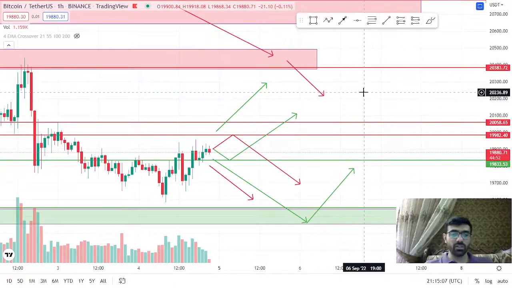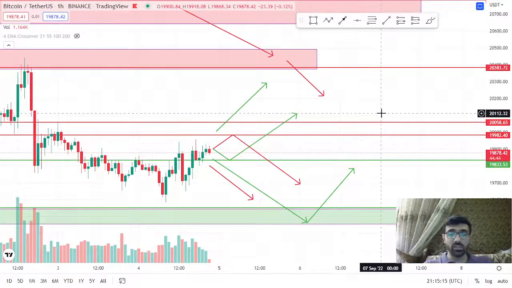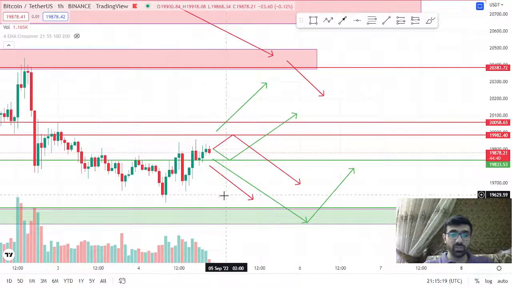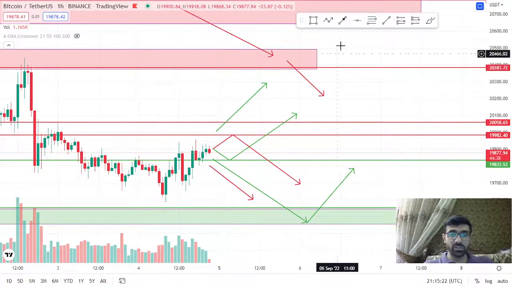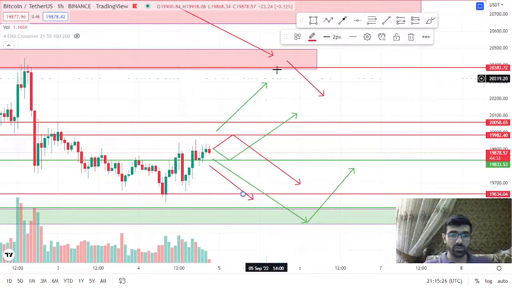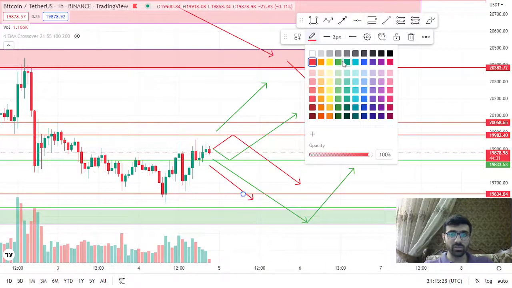Personally, I feel that market is gonna go down in Bitcoin, and I am going to look for selling opportunities. Another selling opportunity might arise if the market tests the recent support area that it has found, which is over here. Let me mark it in green color.